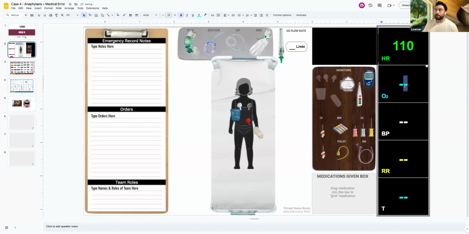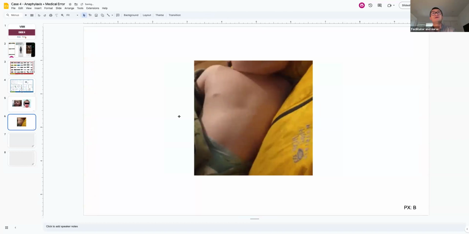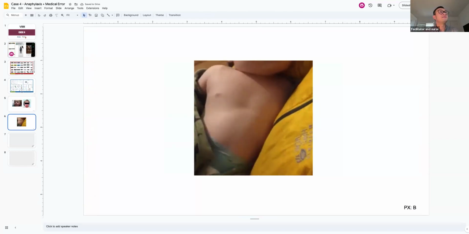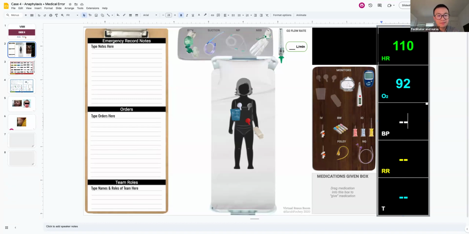Okay. And breathing? They are working hard to breathe. You can see their work of breathing on slide number 6. Okay. And on auscultation? On auscultation, you can hear some wheezing bilaterally. Okay. Nurse, are we able to please start some oxygen by a non-rebreather?